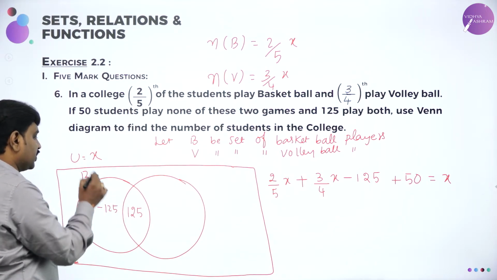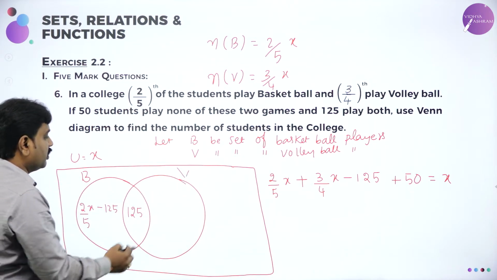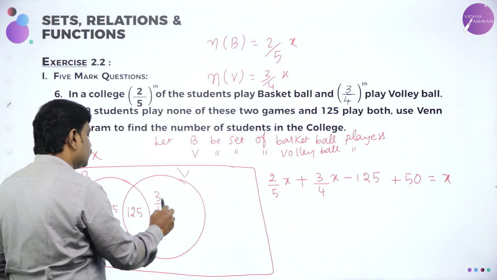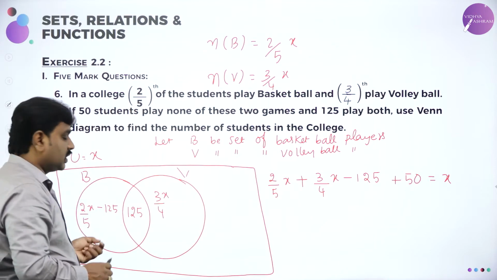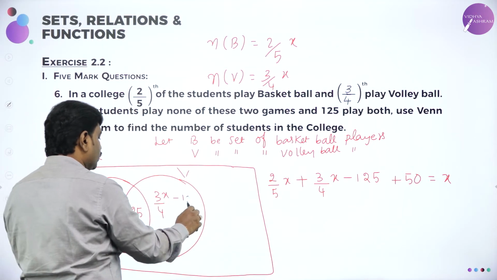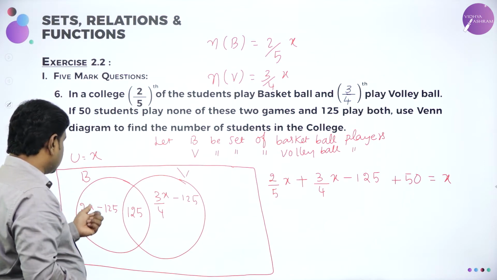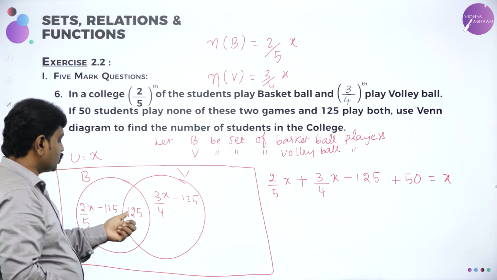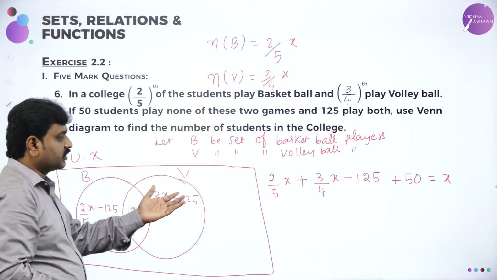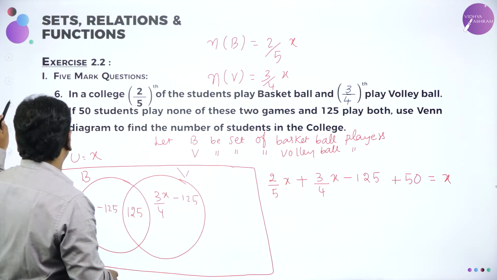This is basketball players, this is volleyball players. Volleyball, how many are there? 3/4 of the total, but already you filled 125, so minus 125. So now 3/4 X minus 125, plus 125, like that. So you know by the Venn diagram technique.